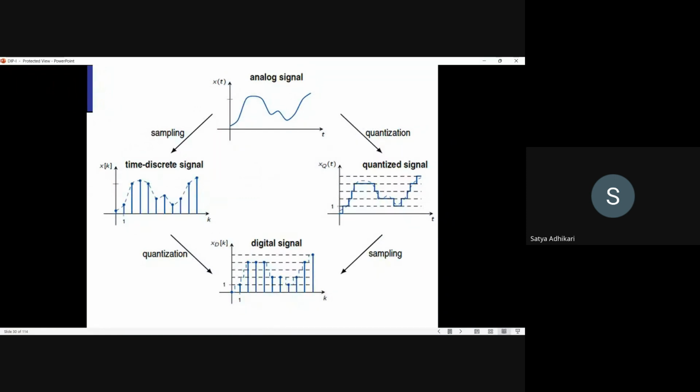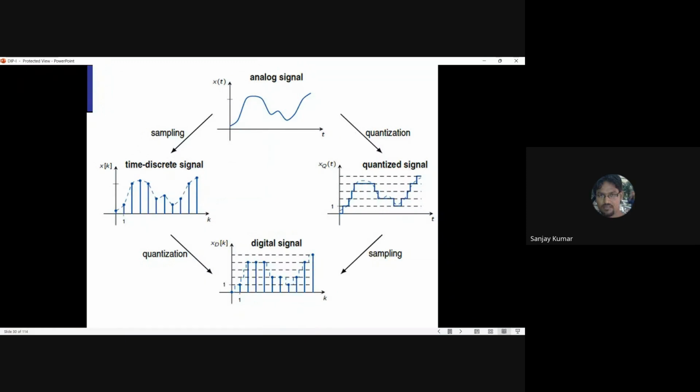First, the analog signal is there. First, sampling to get its location, then quantization to get its amplitude value, and after sampling and quantization, we get a digital signal corresponding to the analog signal.